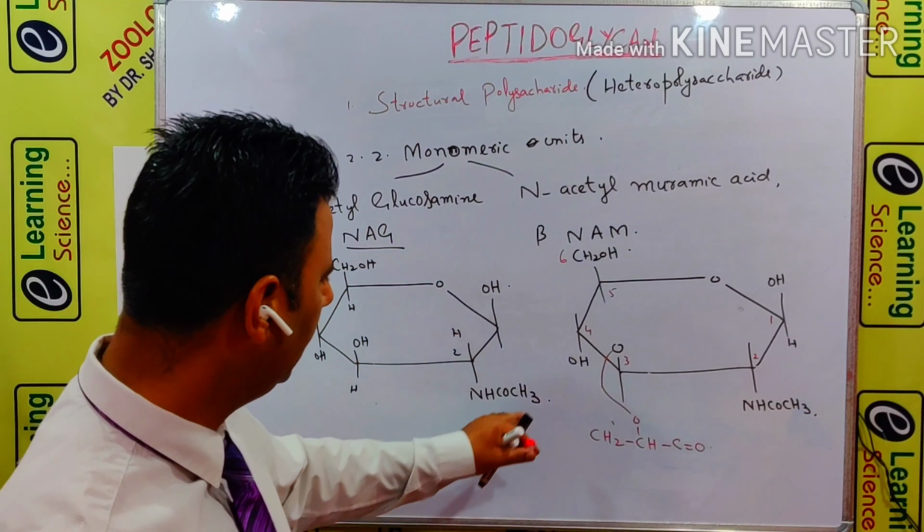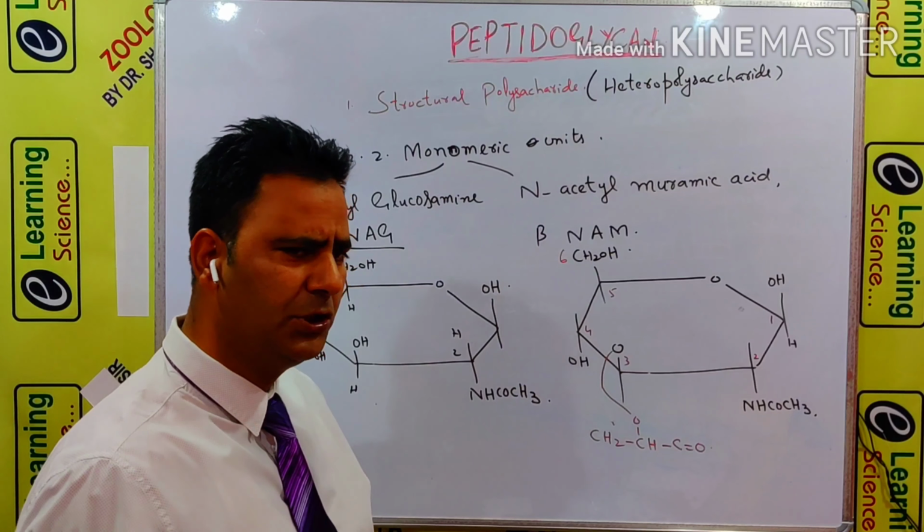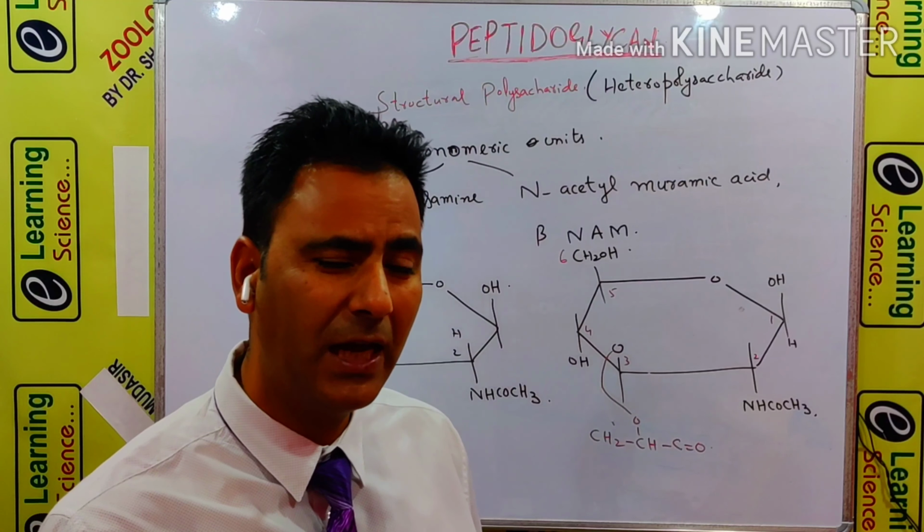And in this N-acetylmuramic acid, there are 4 amino acids.